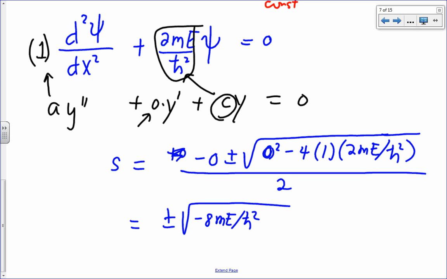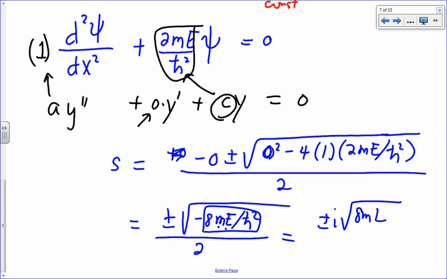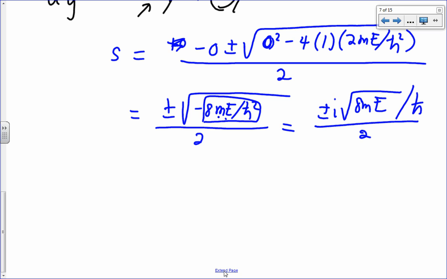Now, mass is positive, energy is positive, h bar squared is positive, so this expression here is positive. So I have a square root of a negative number then, right? So I can factor out the square root of negative 1, so that's going to be plus or minus i times the square root of 8mE over h bar. And I forgot, I have that divided by 2 down here. Okay, I'm going to move my 2 inside.